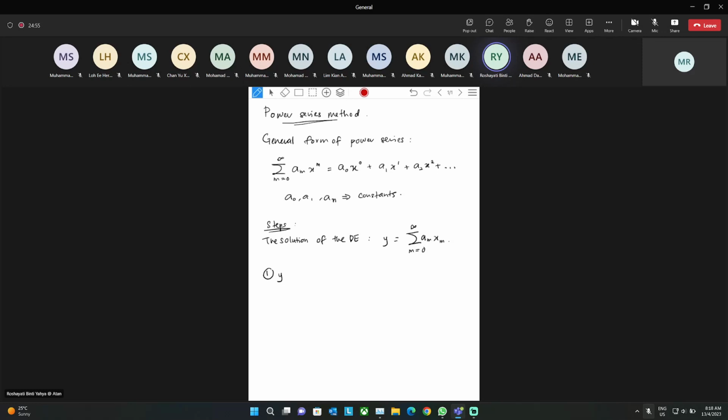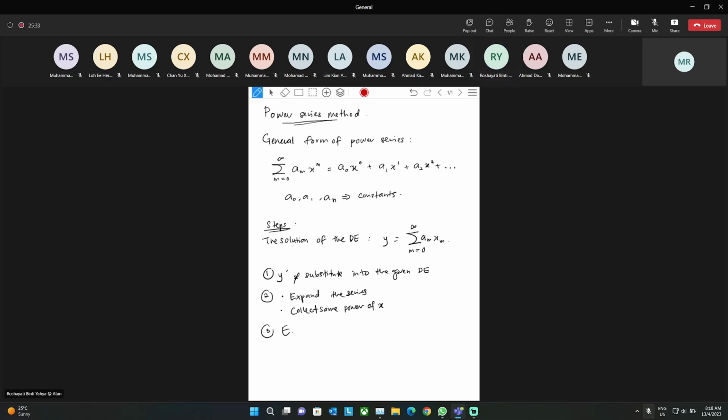The first step, you need to find your y prime, and then substitute into the given differential equation. The second one, you need to expand the series, and then collect the same power of x.